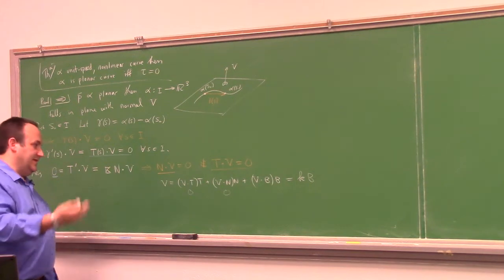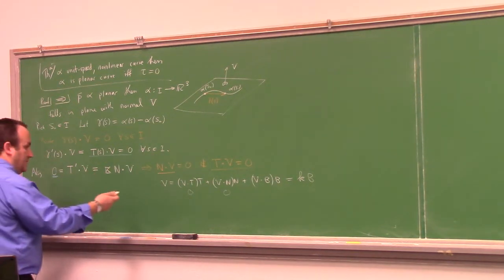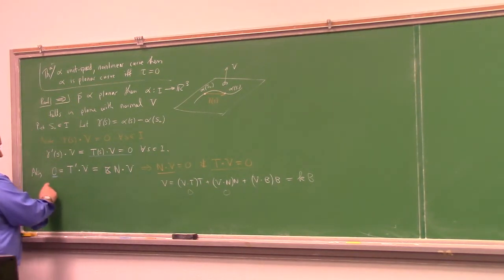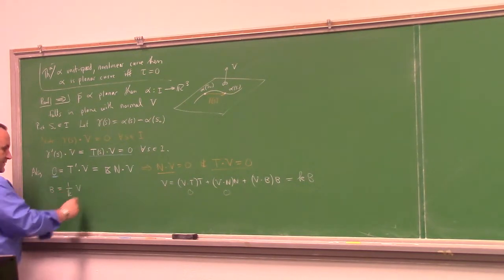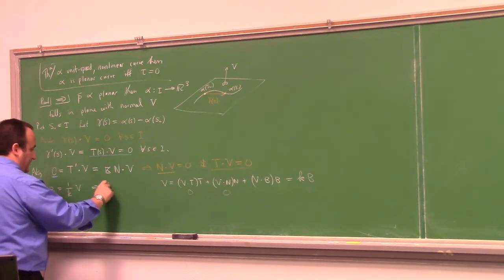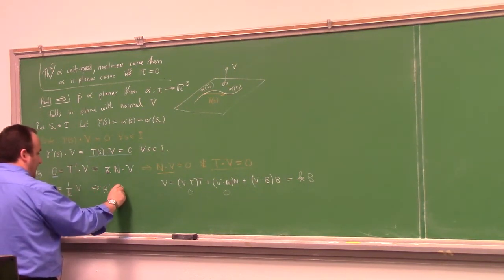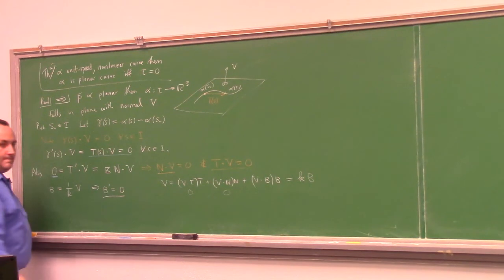This is important because when we differentiate, of course we can solve this, b is 1 over k times V. So what's b prime equal to? 0, because it's equal to a constant vector. What does that say about the torsion?